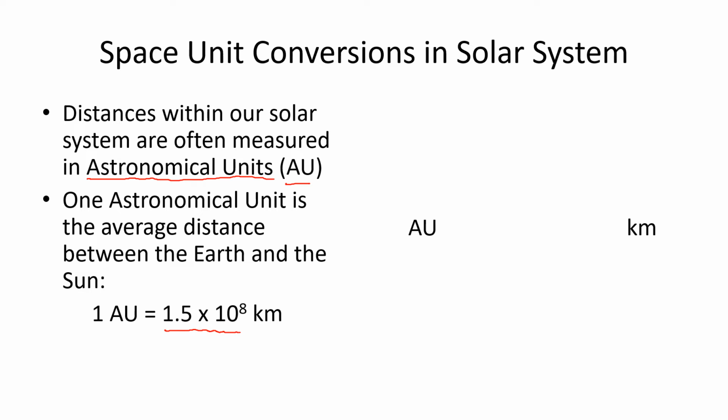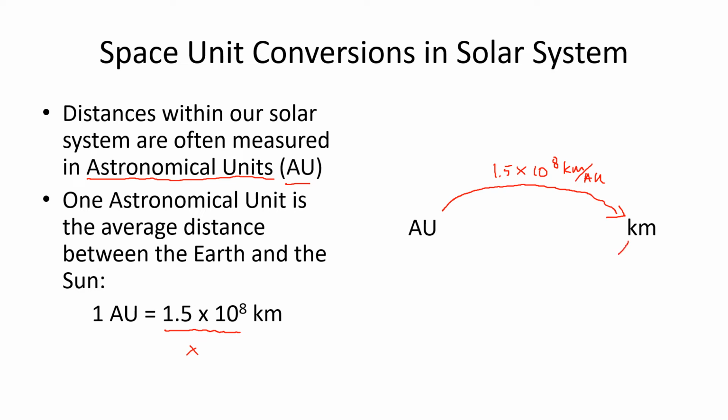So if you want to convert back and forth between those values, say you want to know how many kilometers are in an astronomical unit, you multiply by 1.5 times 10 to the 8 kilometers per astronomical unit.